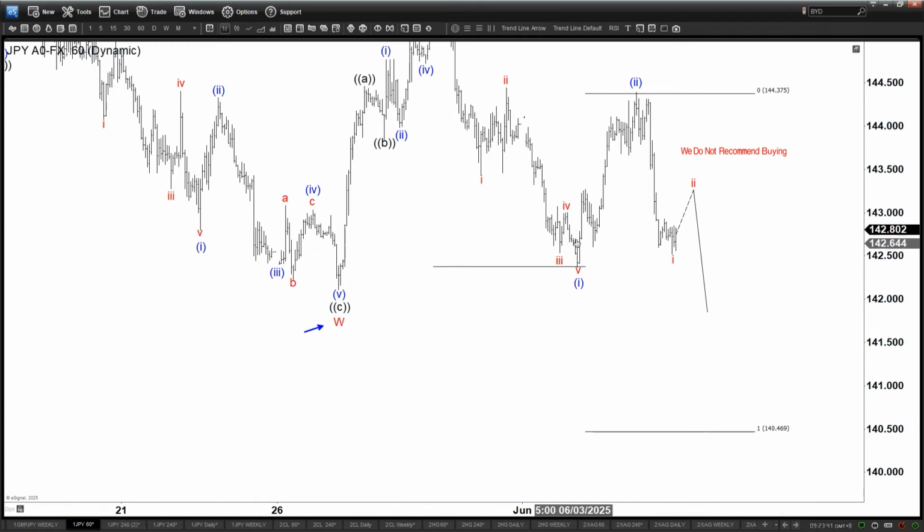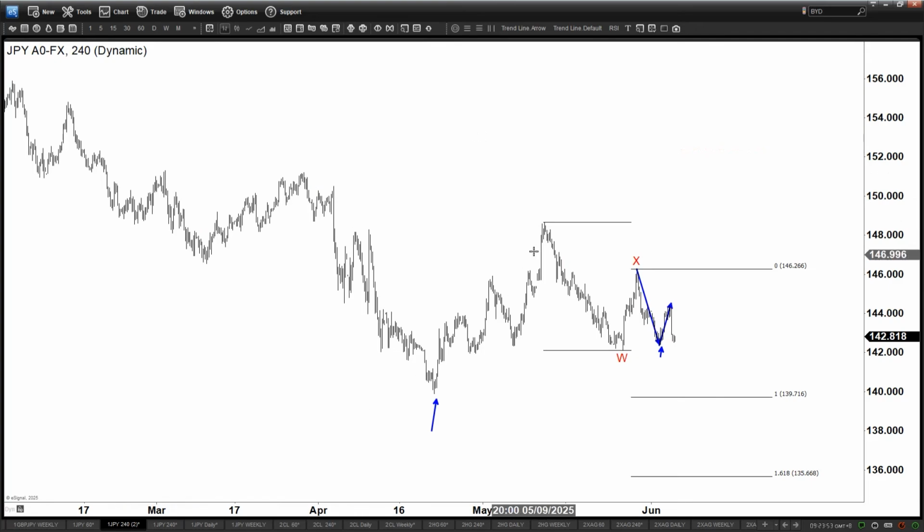But breaking below this low makes it much more likely to break below this low as well, because if we go to 140, it's going to break below 142, right? And then when we break below 142, it will create another bearish sequence, this time from May 2025. So then you will have 2 degrees of a bearish sequence in the shorter cycle by breaking below this low and breaking below this low.